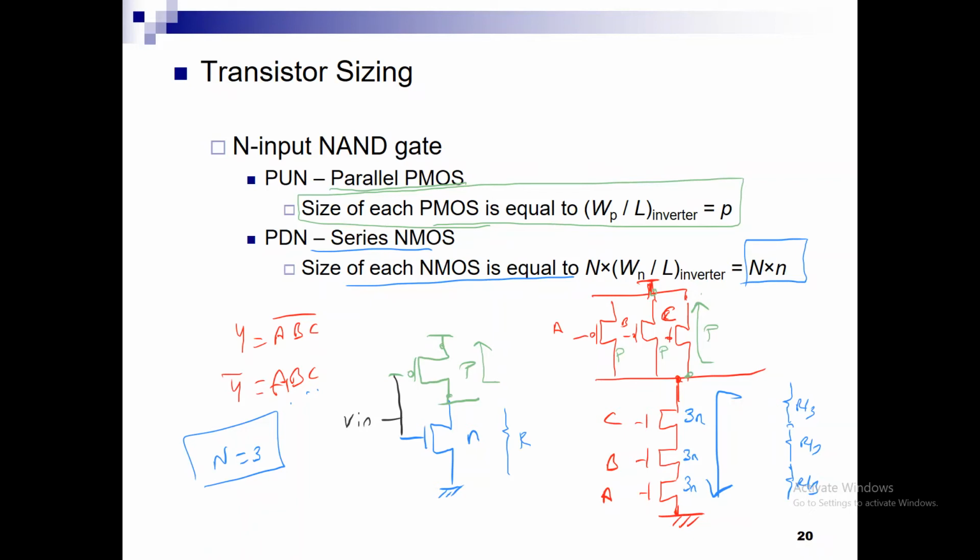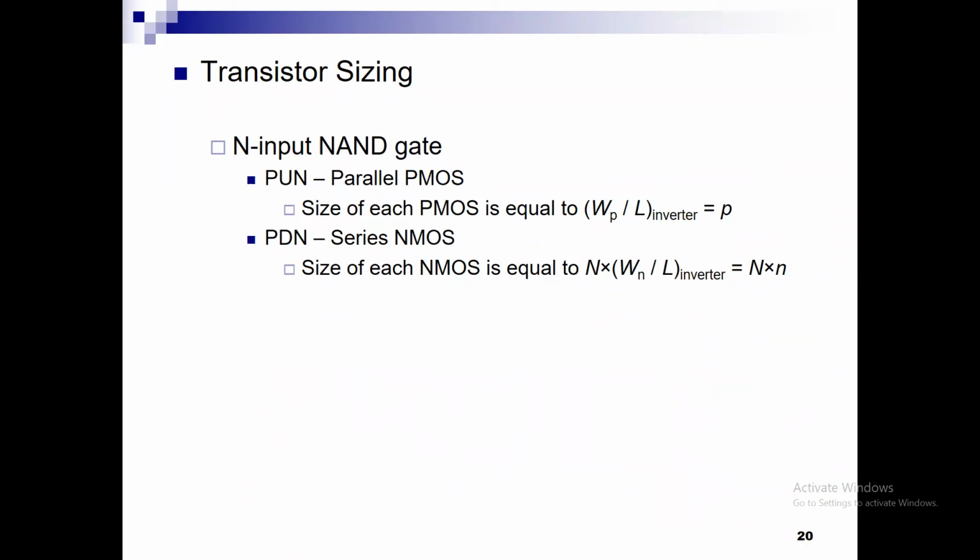Right. So we're going to talk about this and then later talk about an example of a slightly more complex gate. But as you said Karim, for the N input NOR, the NOR has NMOS in parallel. For example, let's take NOR 2 and let me draw it a little higher.